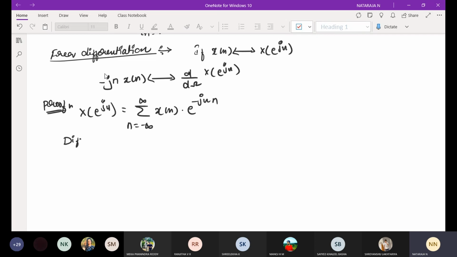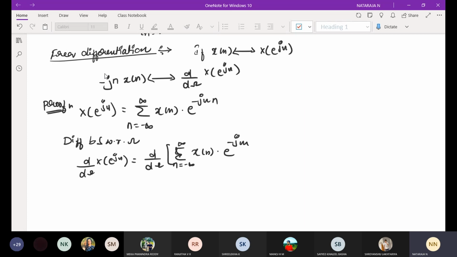Now differentiate both sides with respect to omega. d by d omega of X of e power j omega is equal to d by d omega of summation n equals minus infinity to infinity x of n into e power minus j omega n.